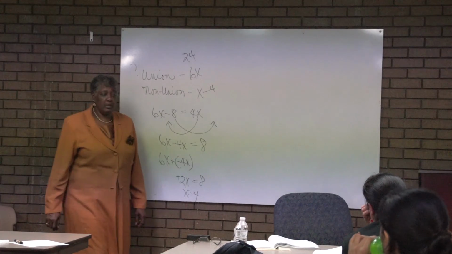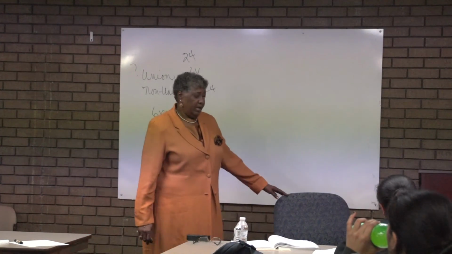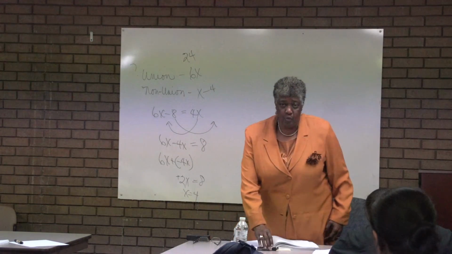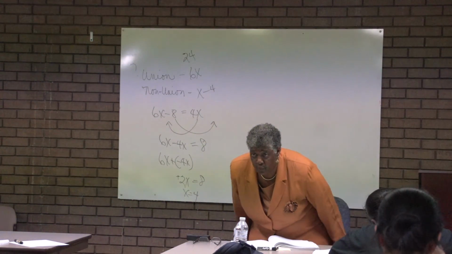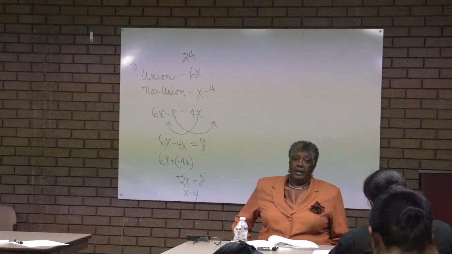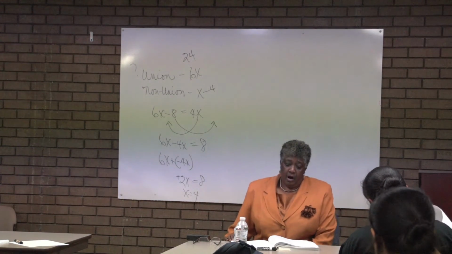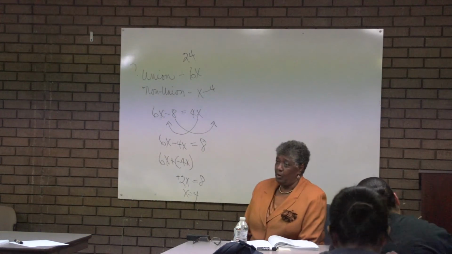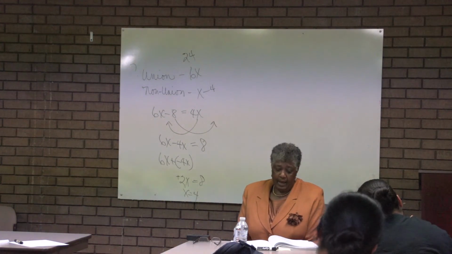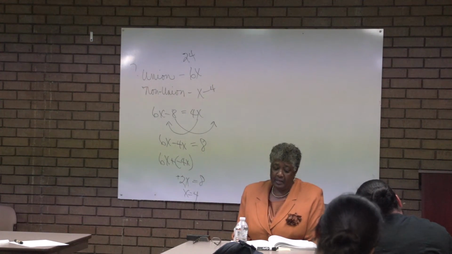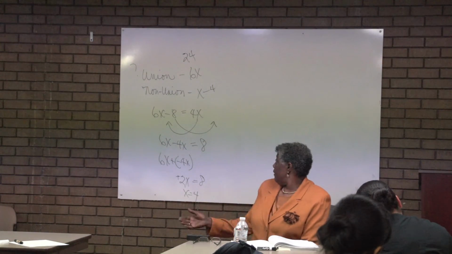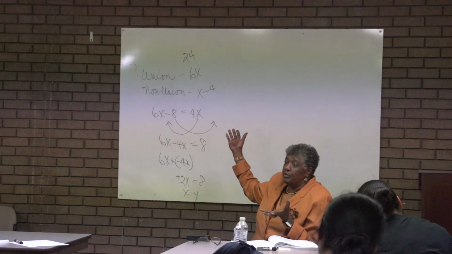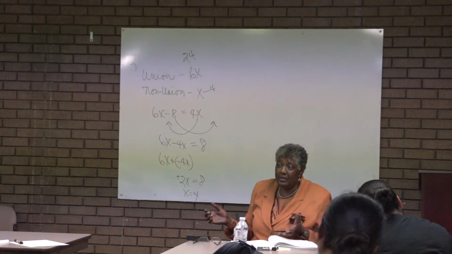Now, if it was multiple choice, and you see it's algebra, you shouldn't run away from it if you read and understand. Because if it said there are 6 times as many union workers as non-union workers, and you had a choice and said if there were 3 non-union workers, how many union workers, you know it had to be 18, you see.